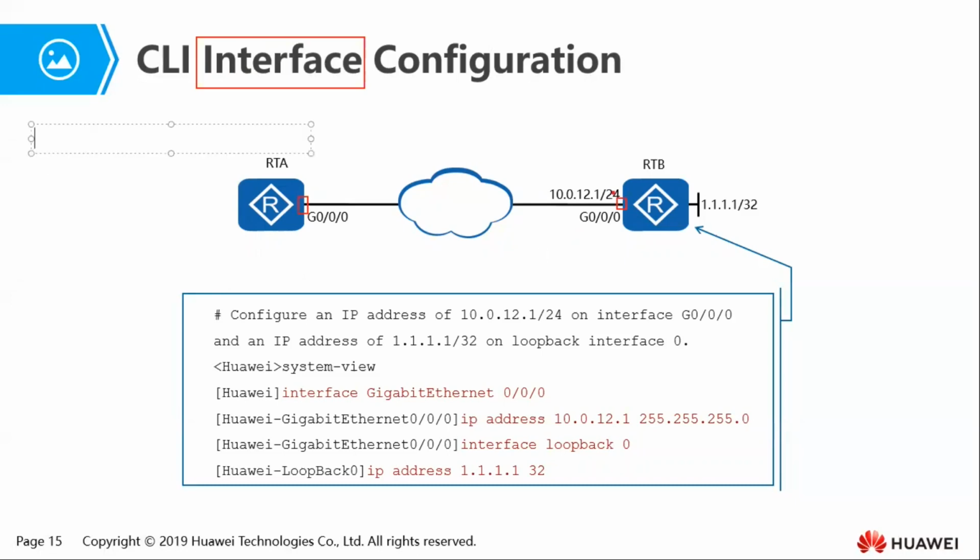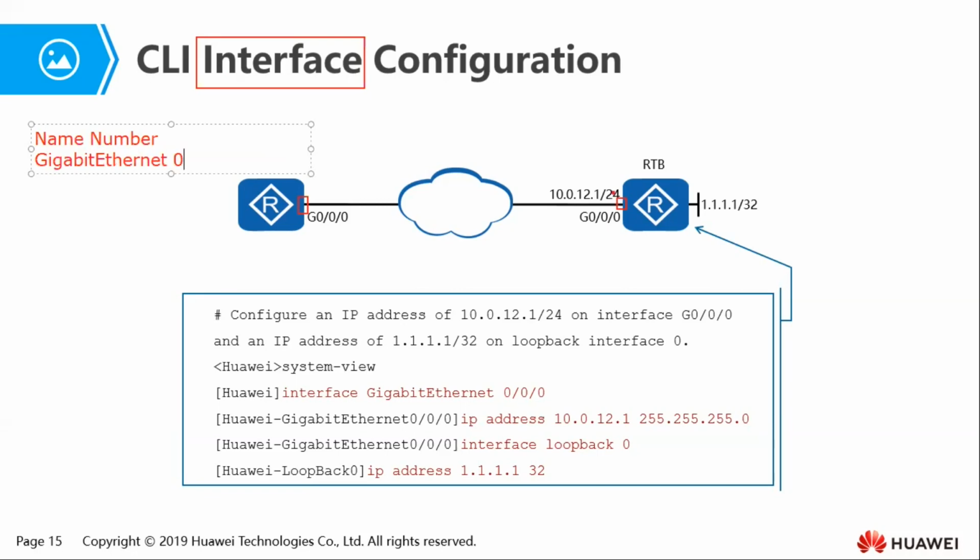As I mentioned earlier, an interface is normally defined by the name of the interface and the number of the interface. For example, here, G stands for gigabit Ethernet. That's the name of the interface.